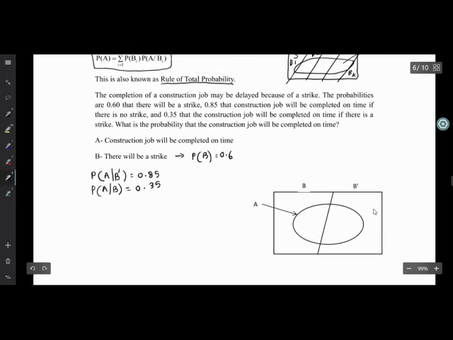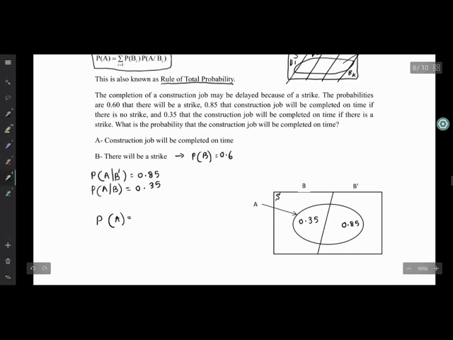Now if we divide our sample space into the partitions, B is a strike, B prime is no strike. So the probability of completing the job A given there is a strike is 0.35, no strike is 0.85. The question is, what is the probability that the job will be completed on time?